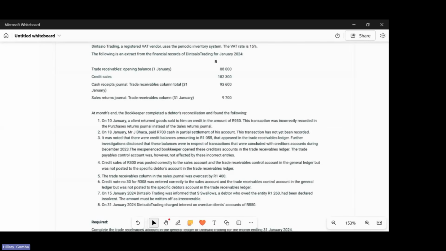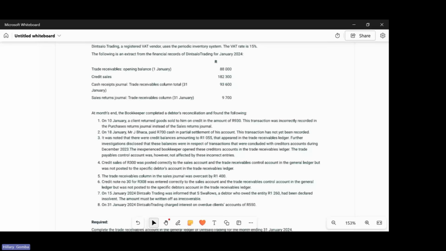And then number 3 says it was noted that there were credit balances amounting to 1,055 that appeared in the trade receivables ledger. Further investigation disclosed that these balances were in respect of transactions that were concluded with creditors' accounts during December 2023.